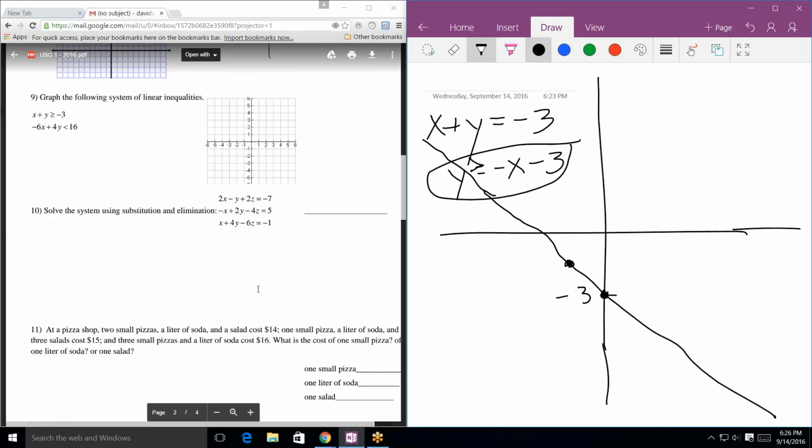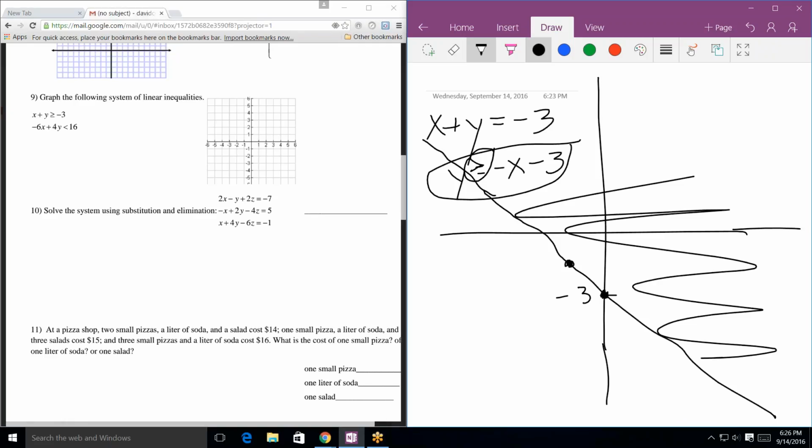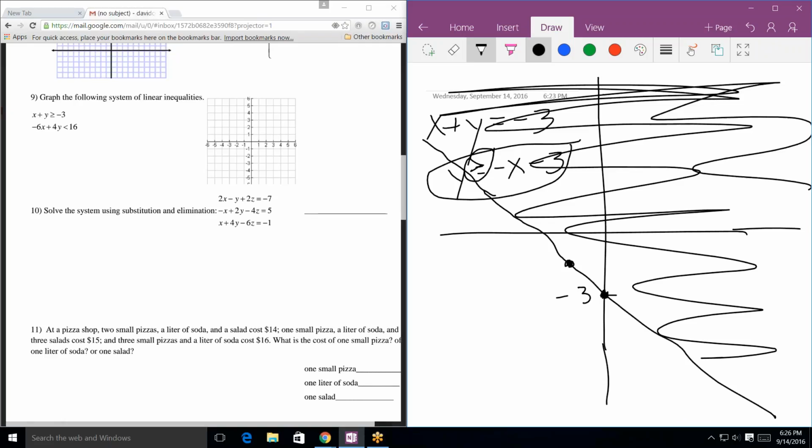I'm not looking left or right. I'm wanting to know whether I go up or down. Should I shade above or below the line? Shade below? Greater than. Above. So I'm shading everything like that. Okay? Now we got to do the same thing with the second one.